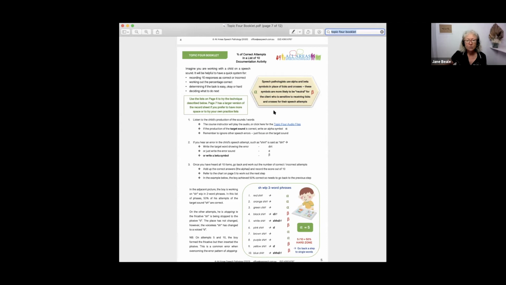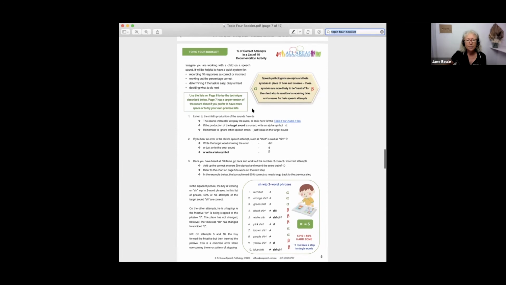So we're going to have a look at the percentage of correct attempts in a list of 10. And it says, use the lists on page 6 to try the technique described below. So we want to be working with this child on speech sounds, and we're going to have a quick system here so we can show them 10 targets, we can record 10 responses as correct or incorrect using alpha and beta.